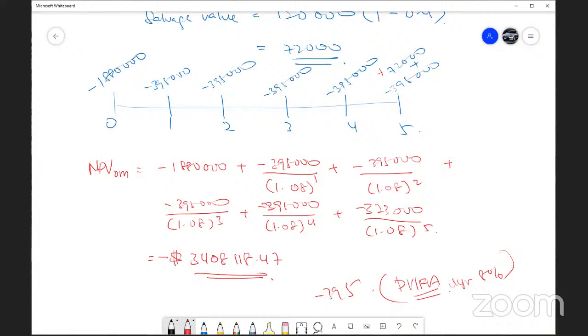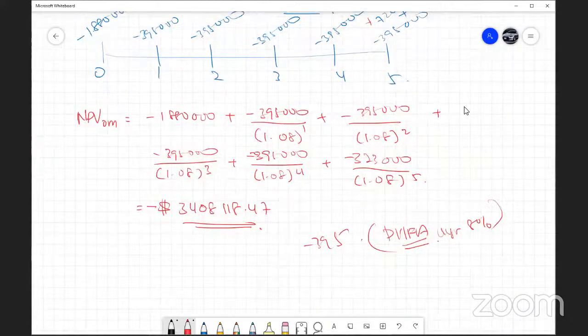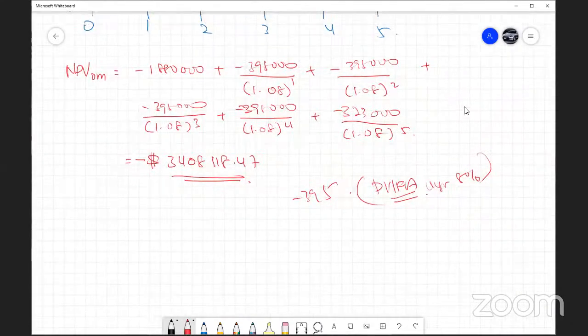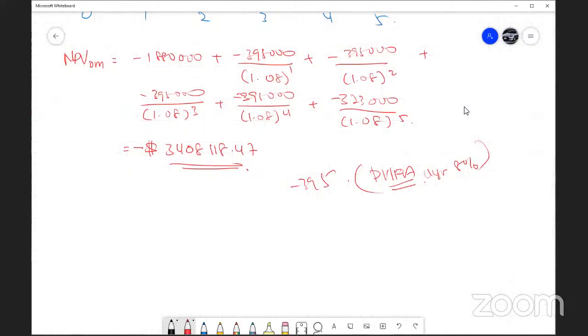Because apparently what I found out from your module leader or your lecturer, you are not provided with the PVIFA table in your final exam. Okay, so even though you don't have the table, you can still use PVIFA actually to make life easier, because writing like this is actually very slow. So you want to make it easier, PVIFA is actually like this.